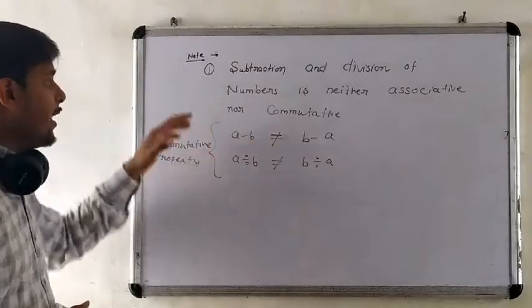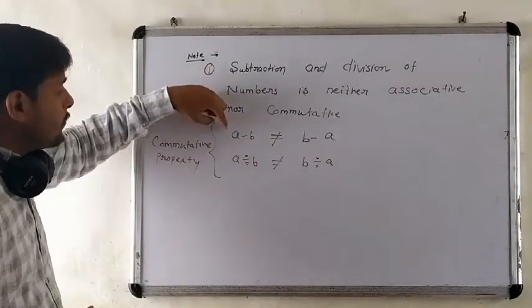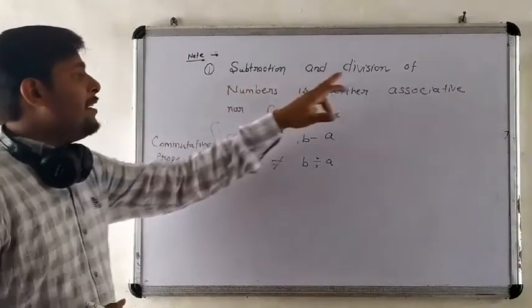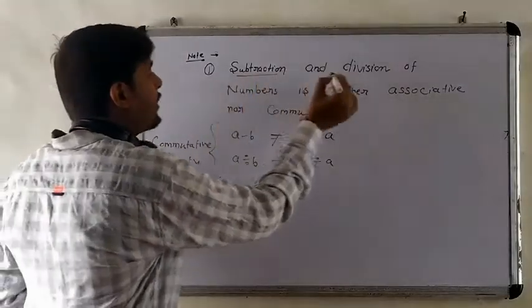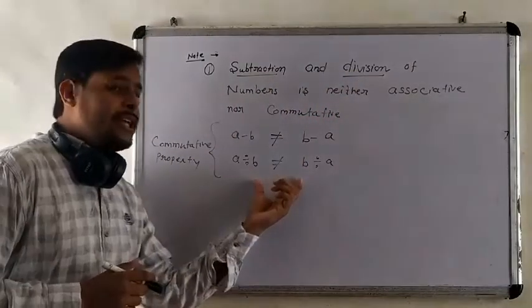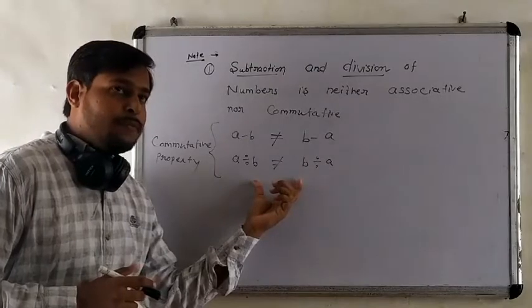So we can say that order of integers in case of subtraction and division changes the result of operation.